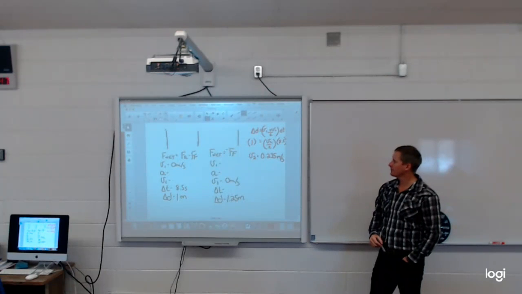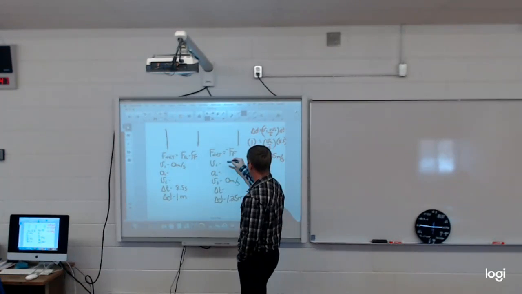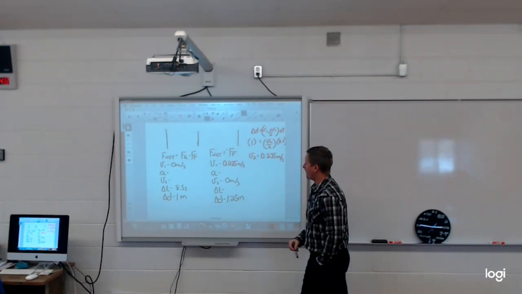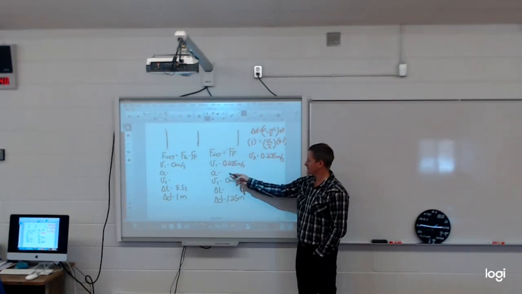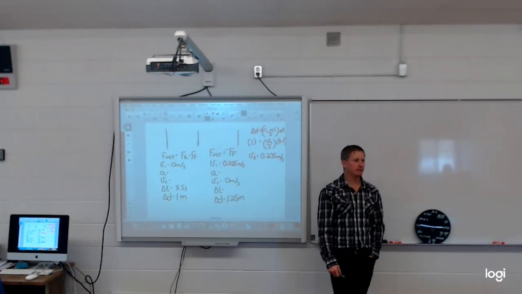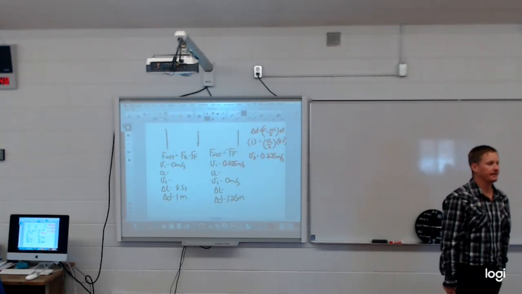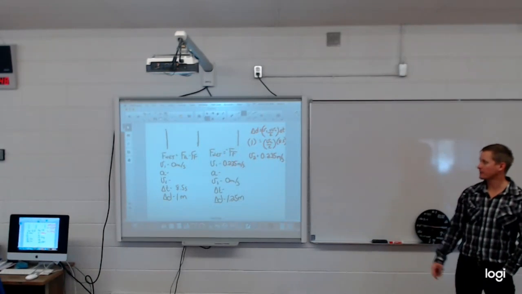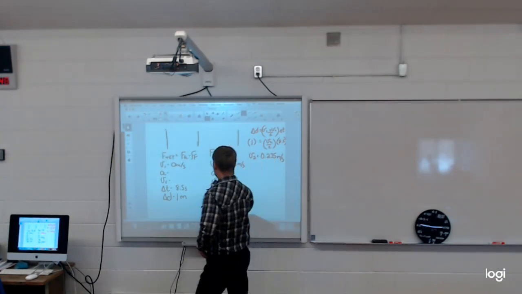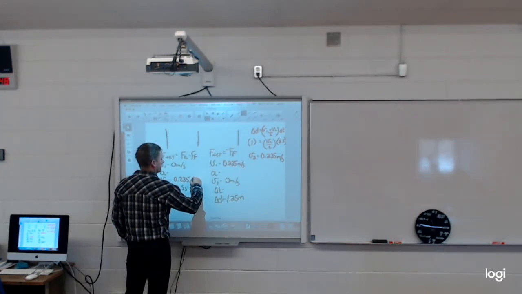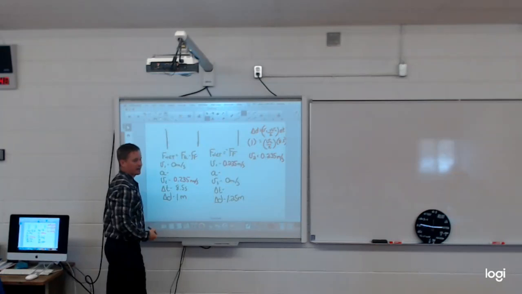Okay, so far, that is this part right here. Now what I want to find is my A in this one. We are going to find the acceleration in a second, but I'm going to work from this part back, and I'll show you why.